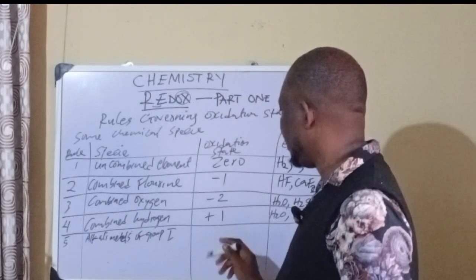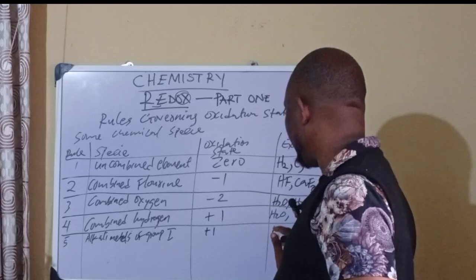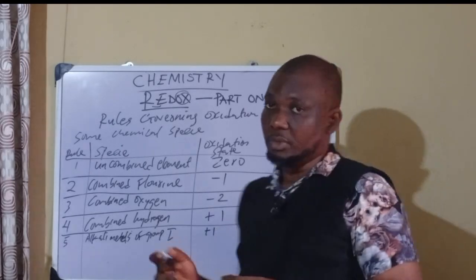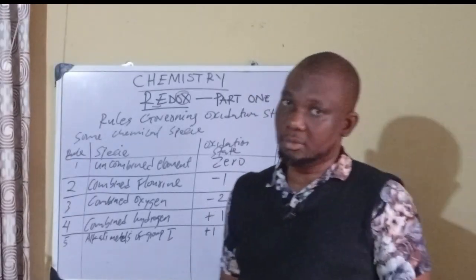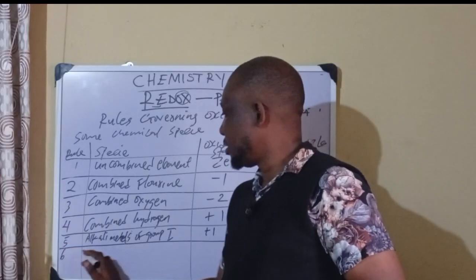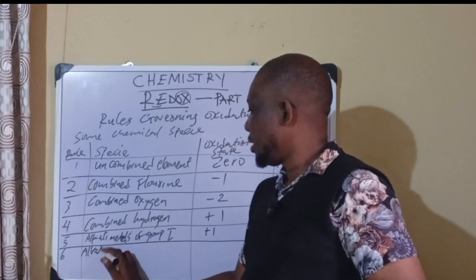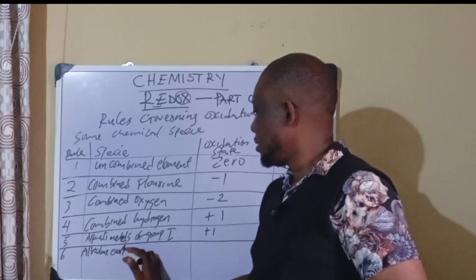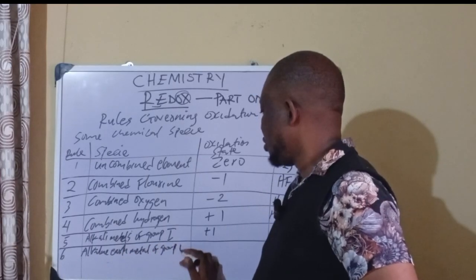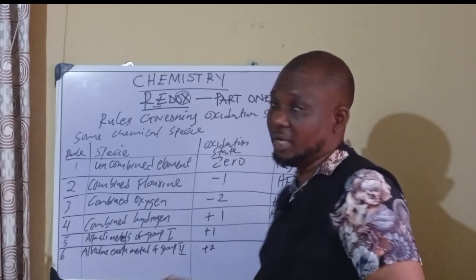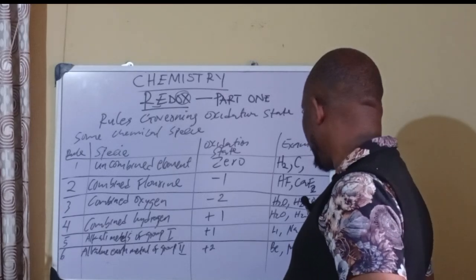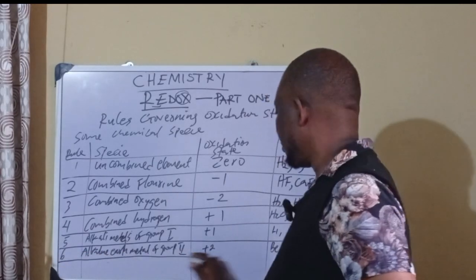So like you can have lithium, sodium, or potassium. In their combined state, the oxidation state is +1. Okay, that's for rule number 5. And for rule number 6, we also have alkaline earth metals. These are group 2. The oxidation state of these ones, just like their valency, is +2. So for example, the popular elements there are beryllium, magnesium, and calcium. So these are for that rule.